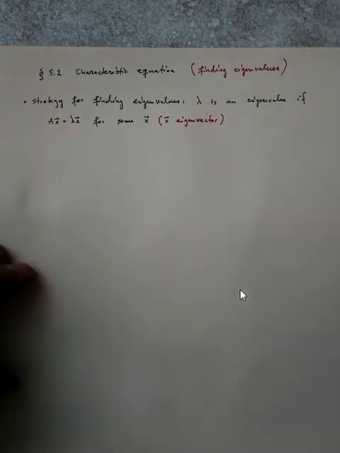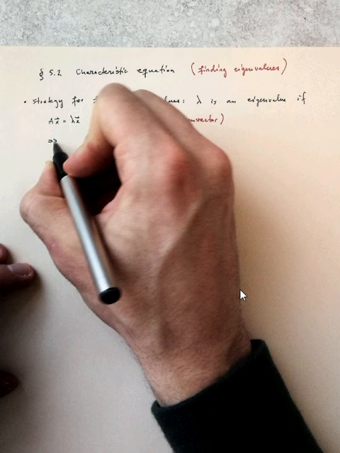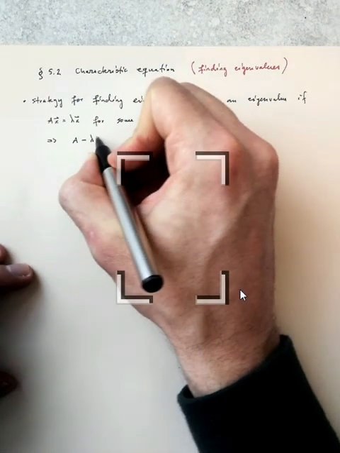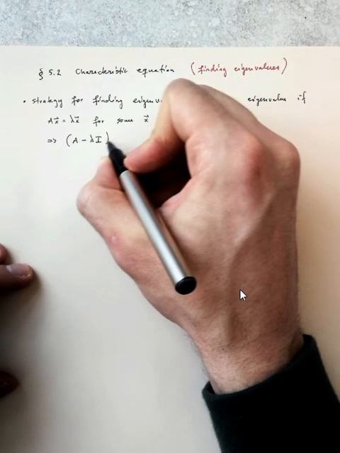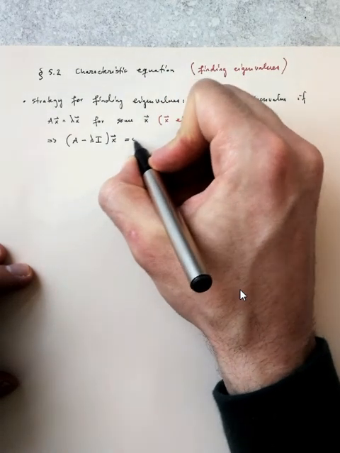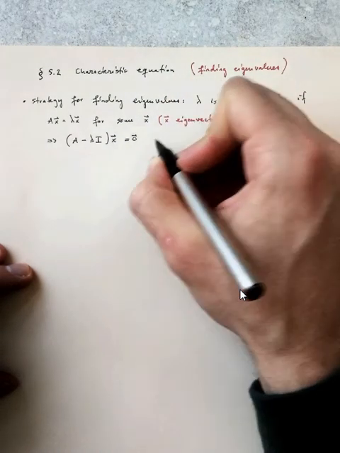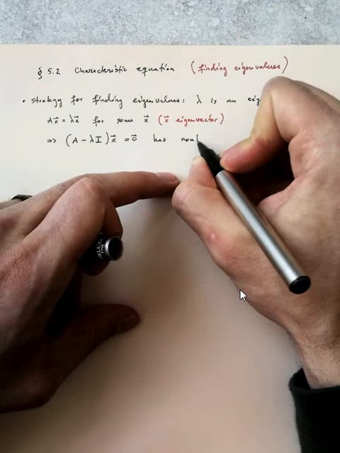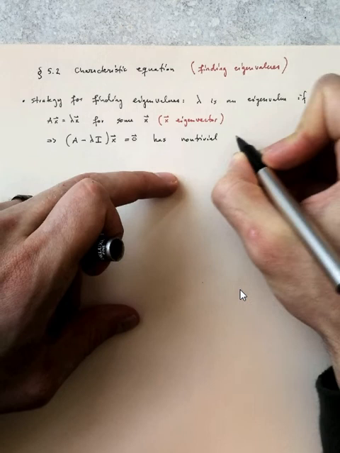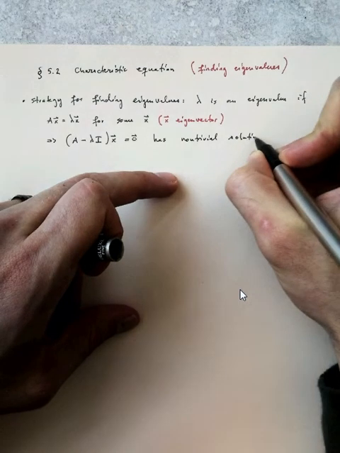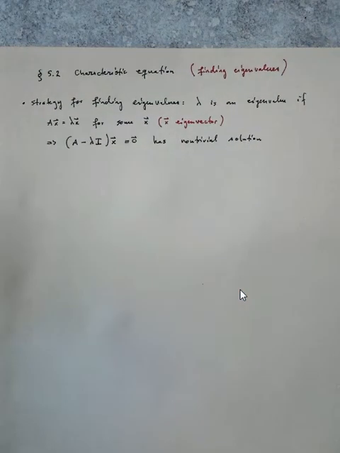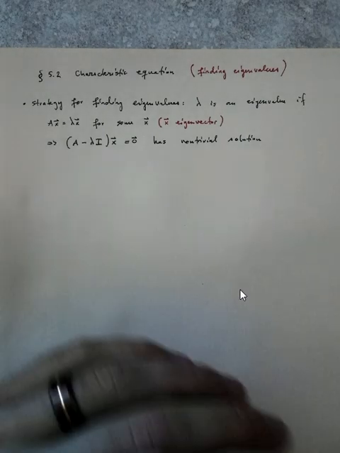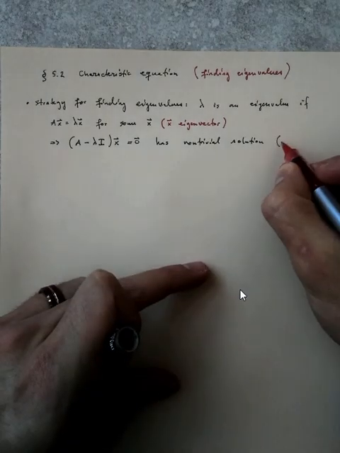So in other words, A minus lambda times the identity times x equals 0 has a non-trivial solution x.